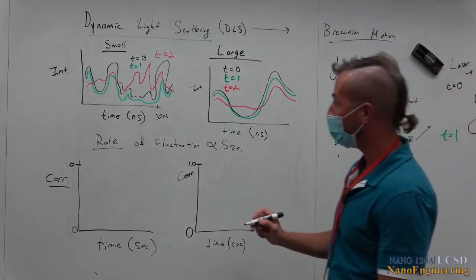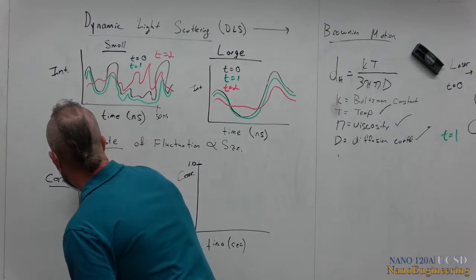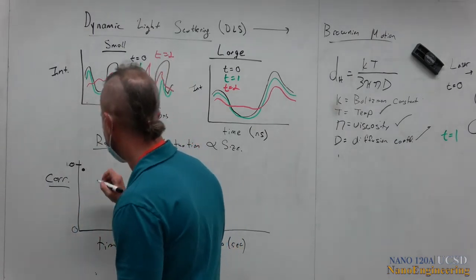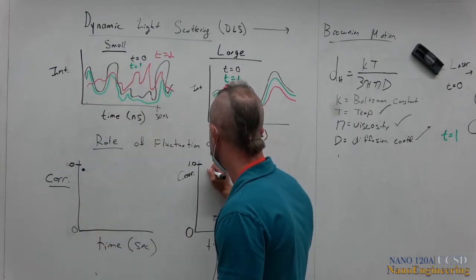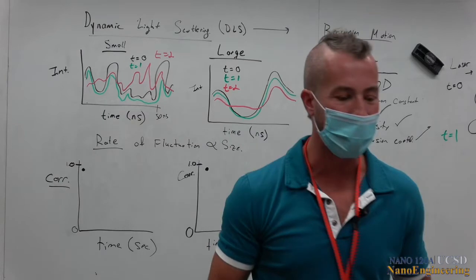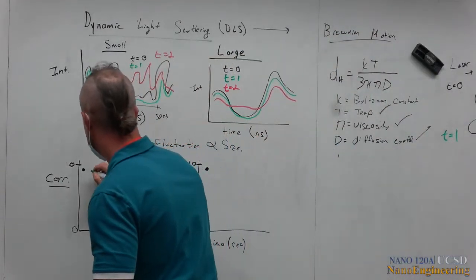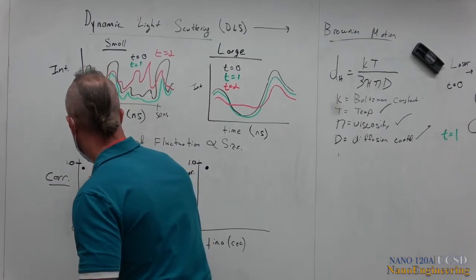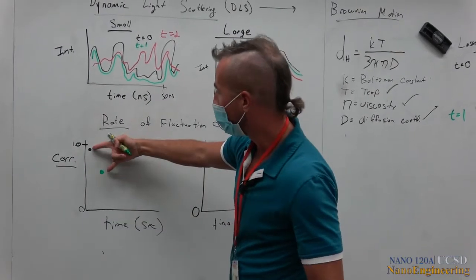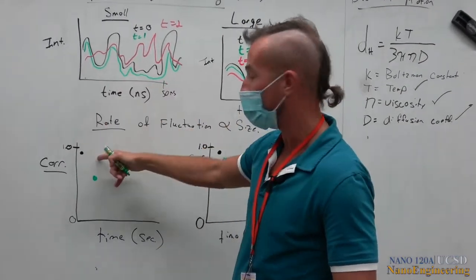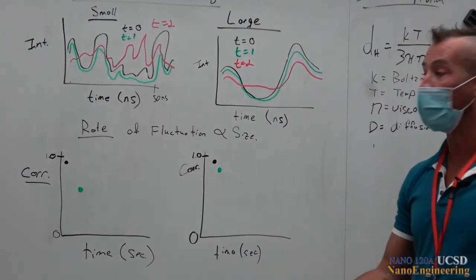And so what we're going to do is we're going to plot t equals 0. This would be correlating with itself, if you will. So there's more distance between these two points over here, right? This correlates less well.